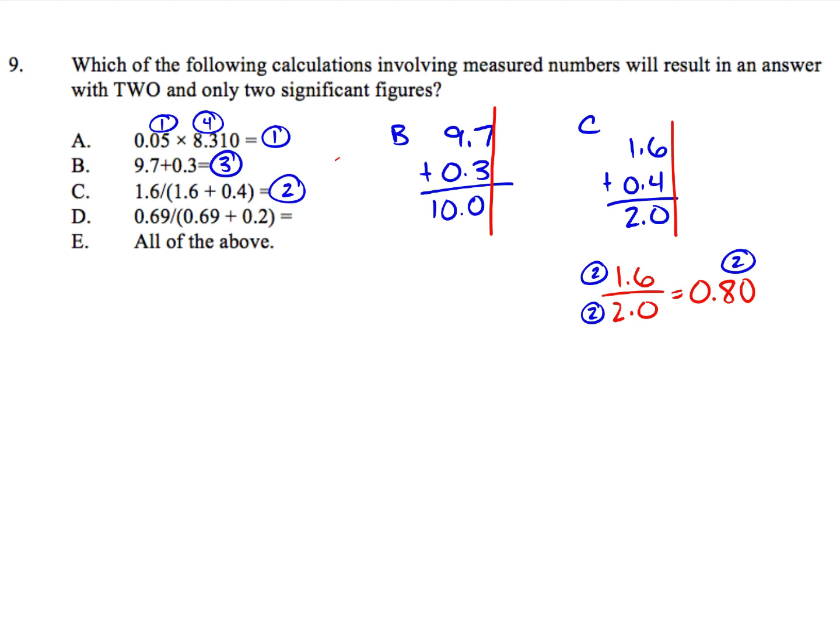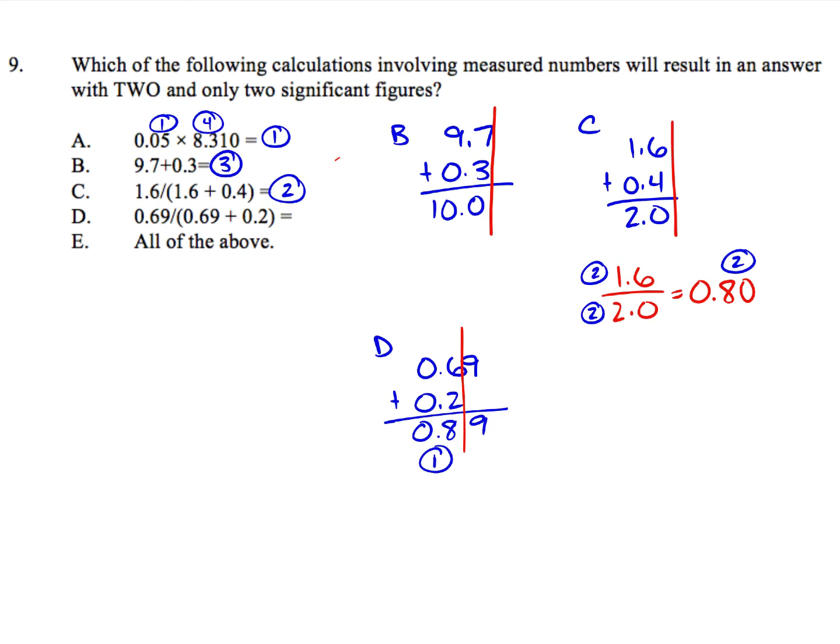Okay, and then for D, let's go ahead and walk through that one. For the addition part, we have 0.69 plus 0.2. Okay, there's our sig fig cutoff line. Get 0.89.